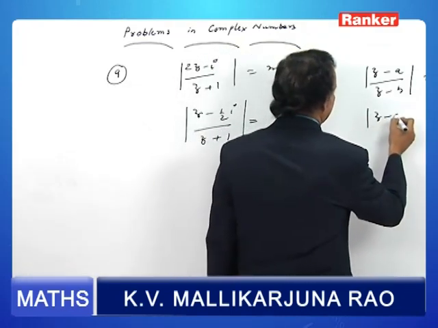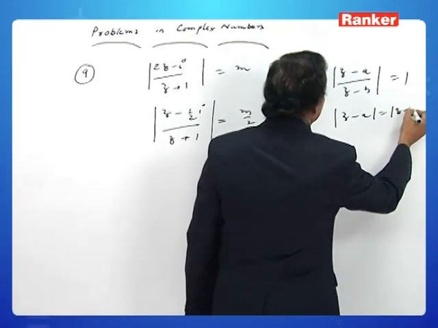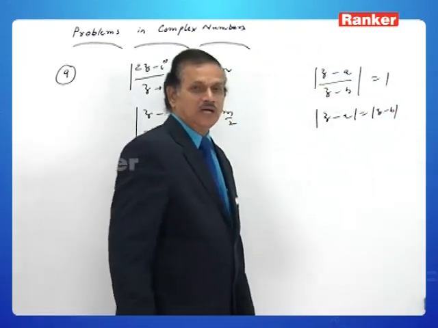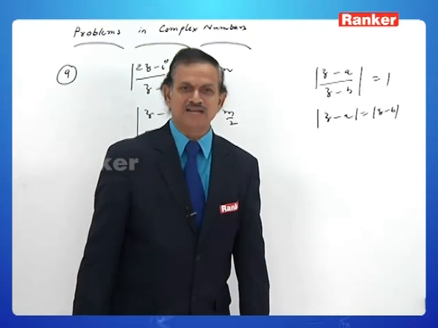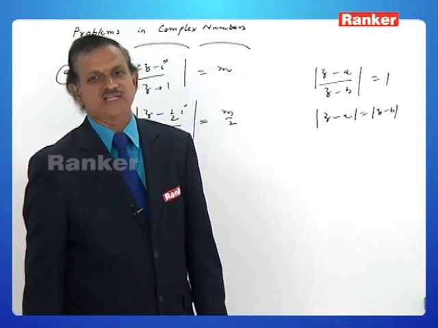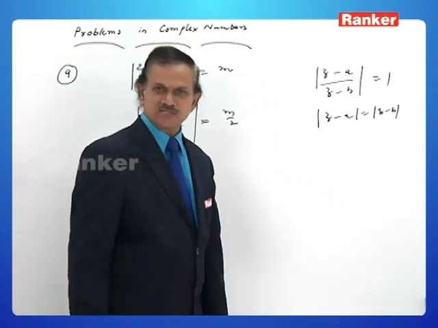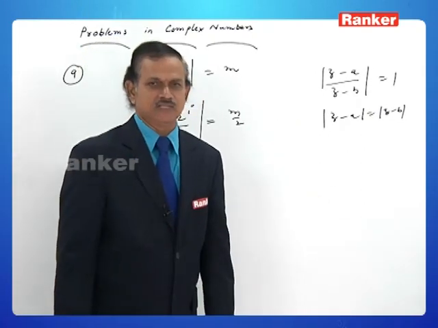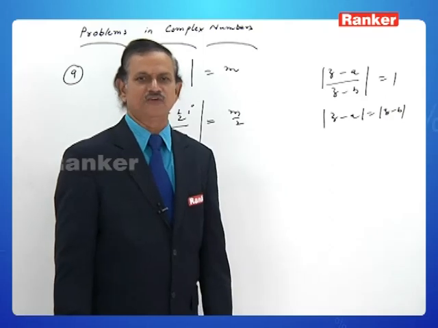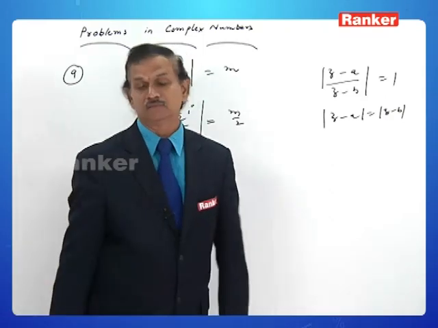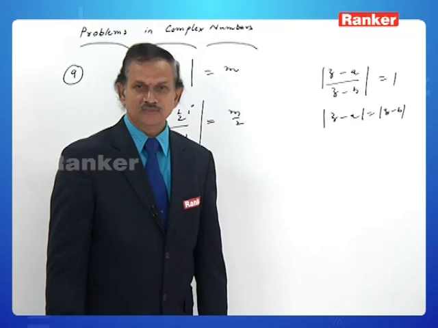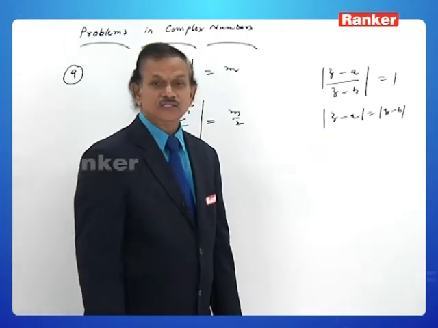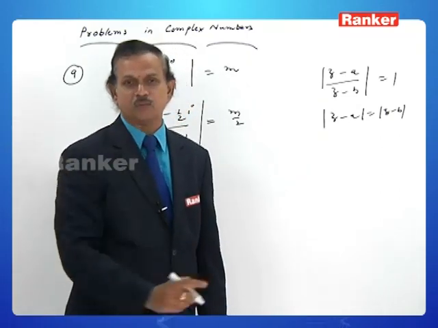Modulus of z minus a is equal to modulus of z minus b. In the earlier stages itself, we could have recollected different loci. If there is a locus which satisfies that condition, then z lies on the perpendicular bisector of the segment joining the two complex numbers a and b. So it's not a circle.